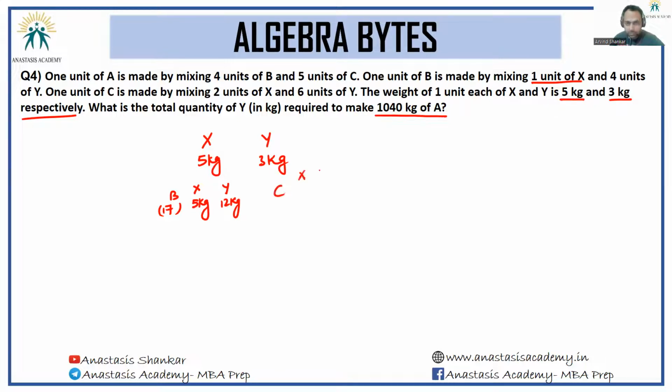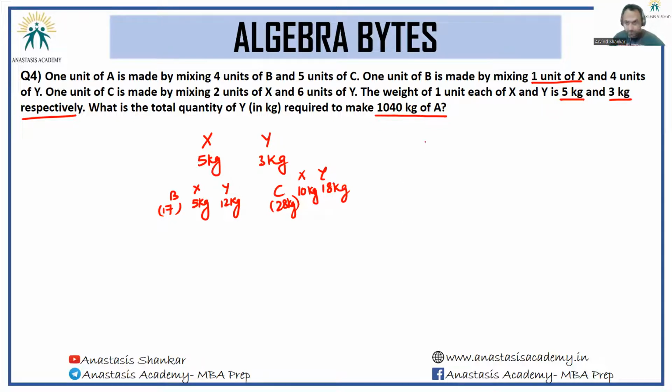C is made up of 2 units of X, so 10 kg of X, and 6 units of Y, so 18 kg of Y. So 28 kg of C. 1 unit of C is 28 kg, of which X is 10 kg and Y is 18 kg.